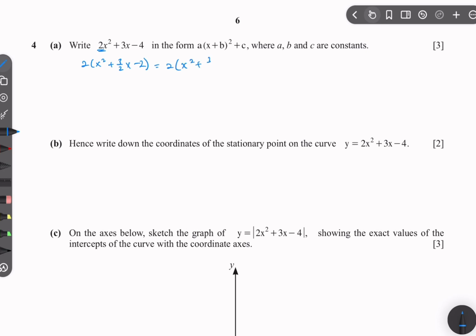Okay, now we can complete the square. Okay, so this should be the final answer.